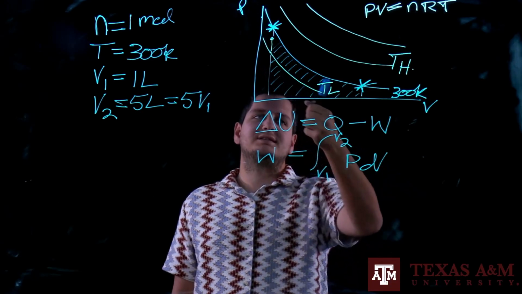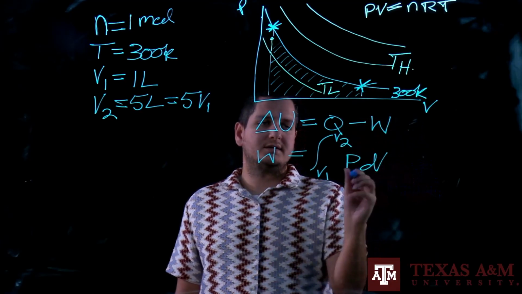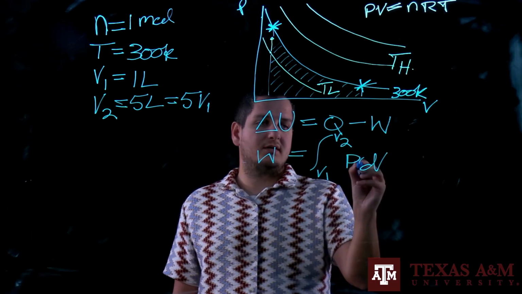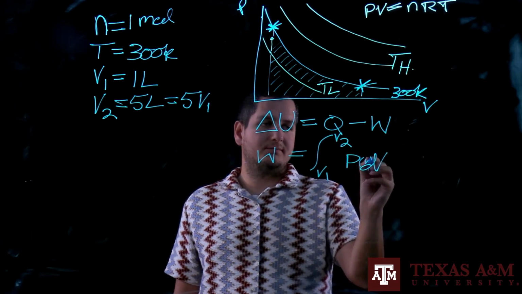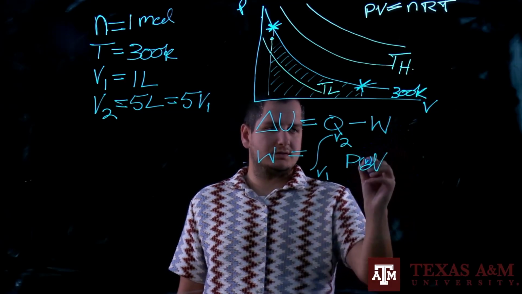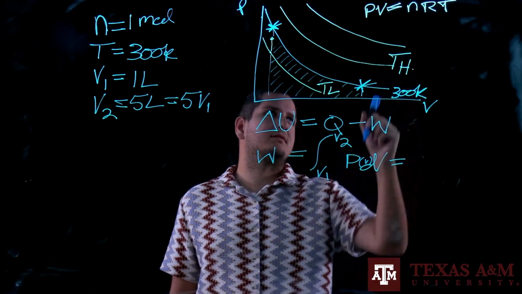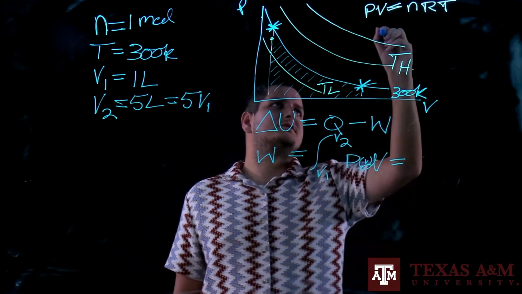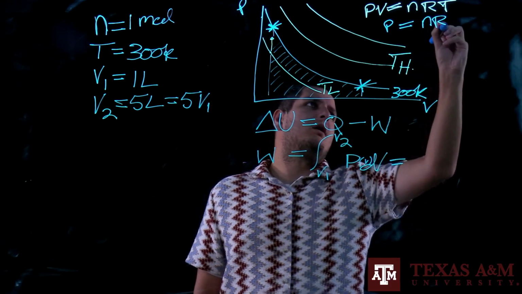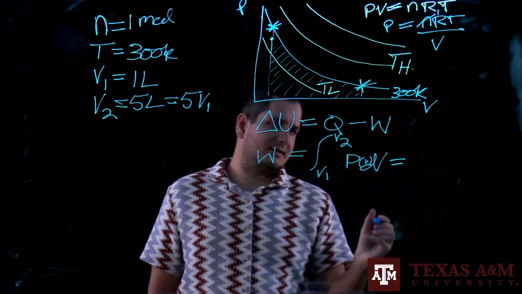Because we're on this isotherm line, this integral becomes easier, right? So P is a function of V. You could also say P is a function of T as well, but T is isothermal. We'll see what happens. So just say, let's replace P with what we can get from ideal gas, right? So P is equal to nRT divided by V. n is equal to 1 in this case.